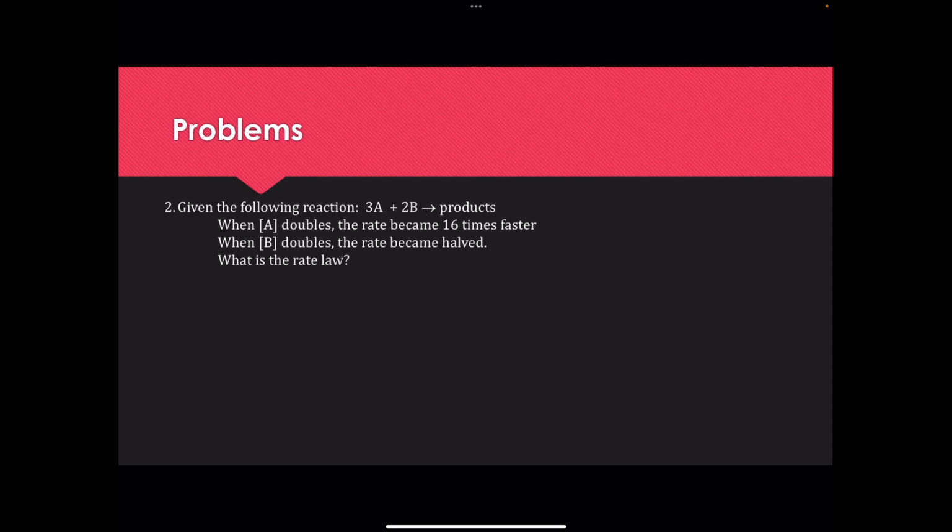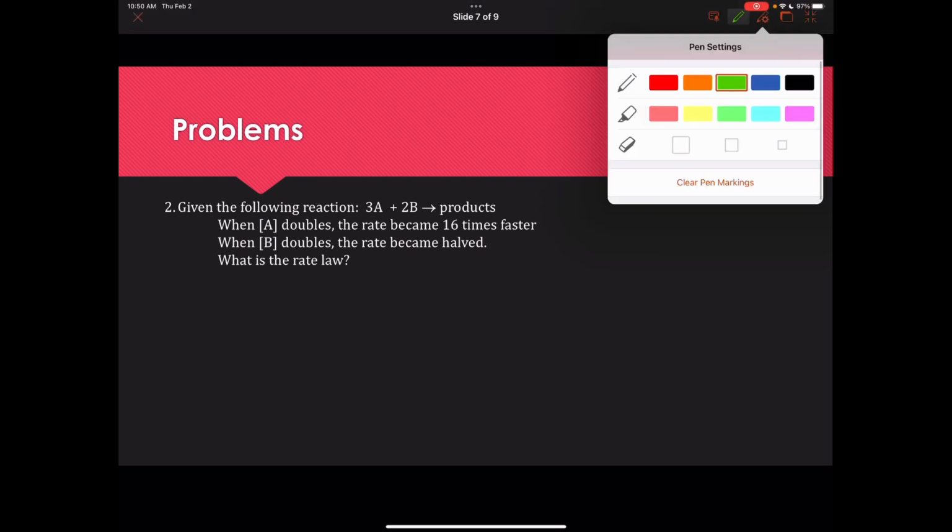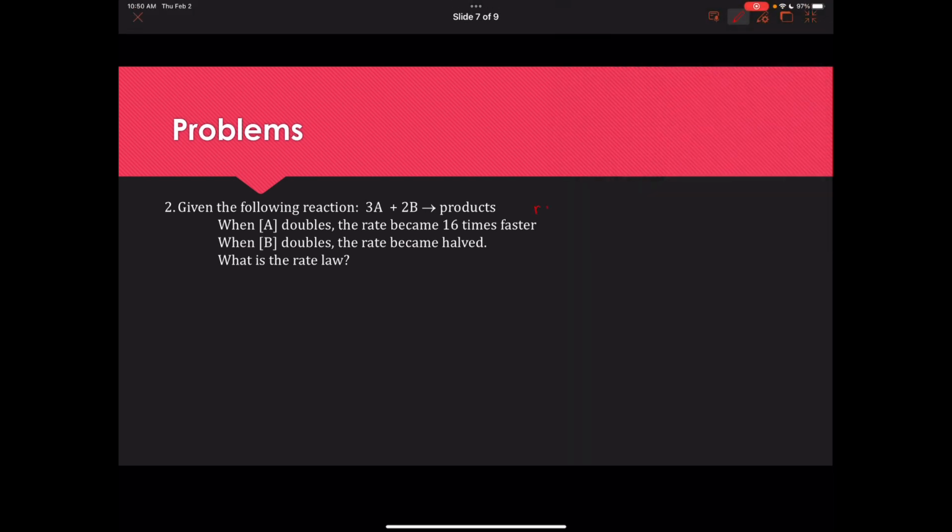So with problem number 2, we'd be doing the exact same thing that we just did with our example. We're going to write our generic rate law, which will say that my rate equals K times the concentration of A raised to the M times B to the N. We're determining M, so that's the order on A. We're looking at how A changes.